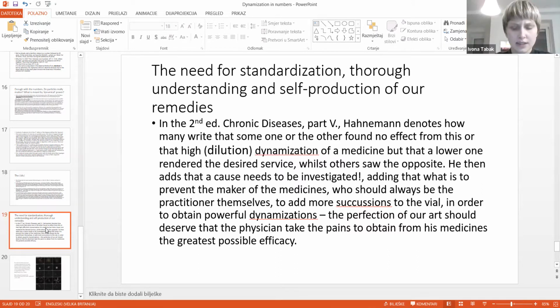I didn't understand that last part. Oh, the case taking, and that homeopathy is very concrete in its scientific development.